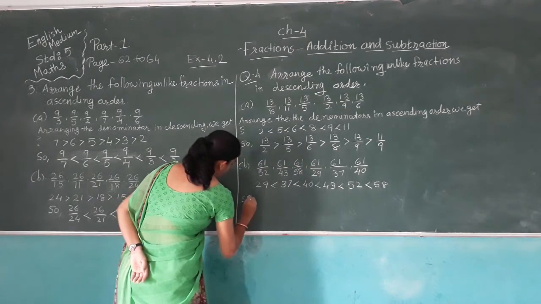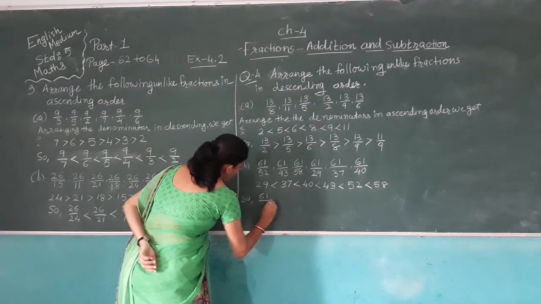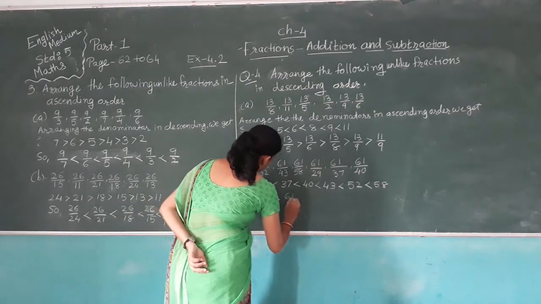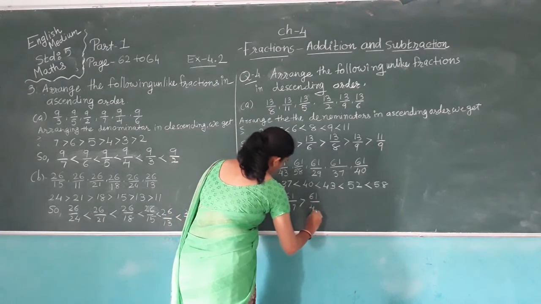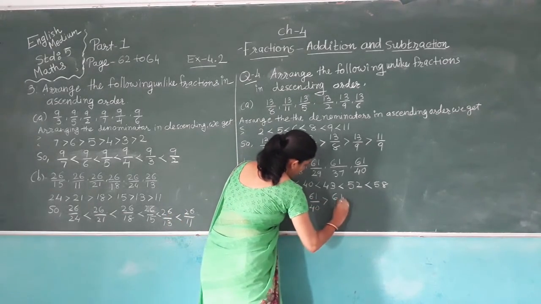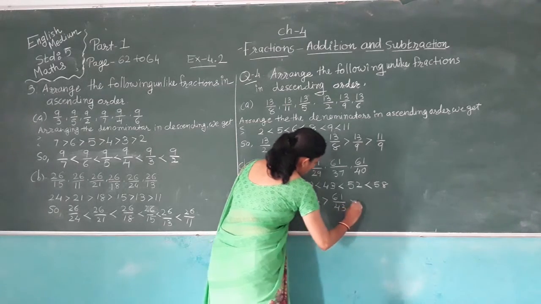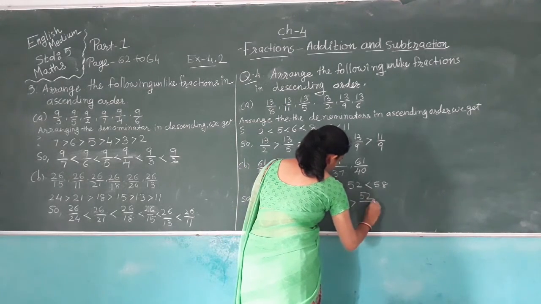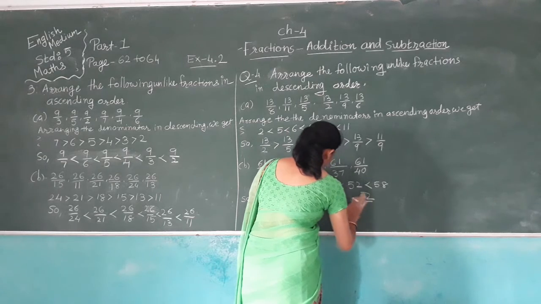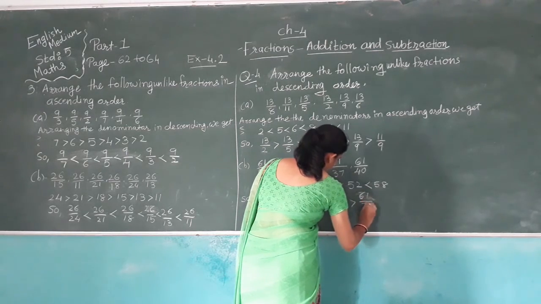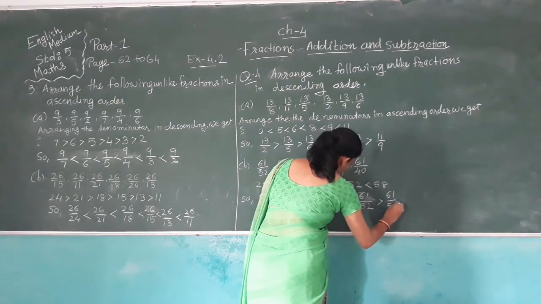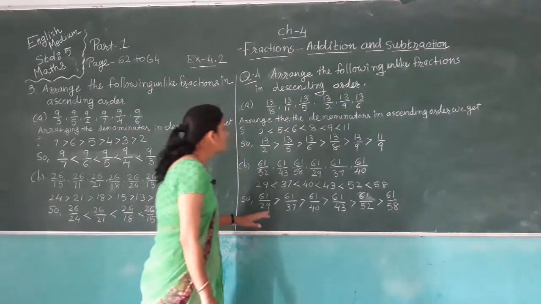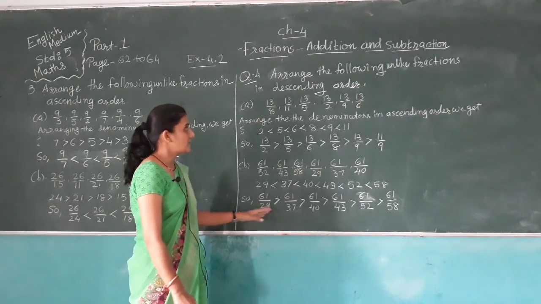So 61 out of 29, then 61 out of 37, then 61 out of 40, then 61 out of 43, then 61 out of 52, then 61 out of 58. So we arrange the unlike fractions in descending order.